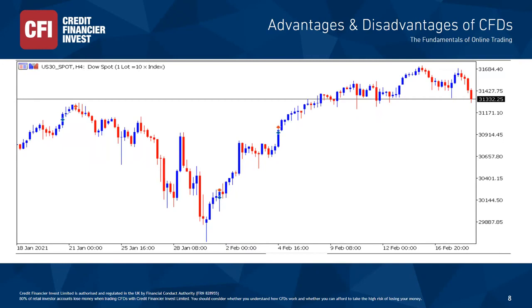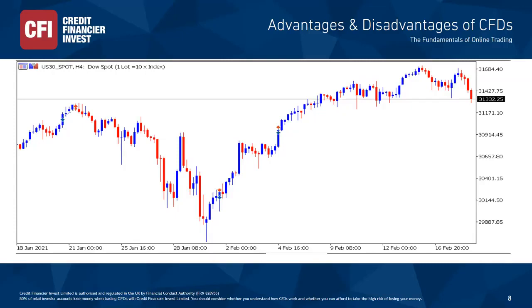Here is the previous example I just gave you with the Dow Jones. Let's say you go to your bank and you want to open a trading account with them, what we call the cash markets. Once you set up your account and ask to trade the Dow Jones, the price, as you can see, is just over $31,000.